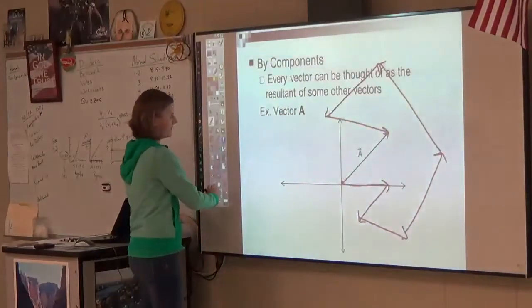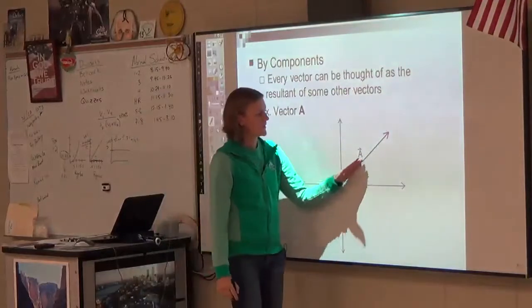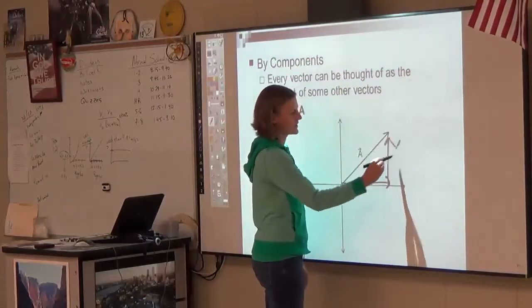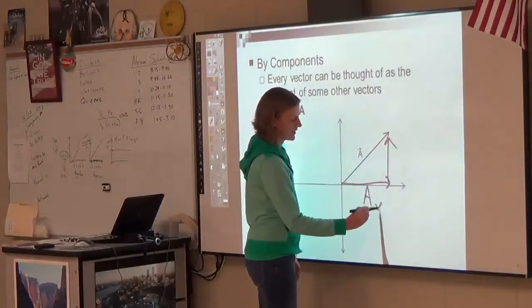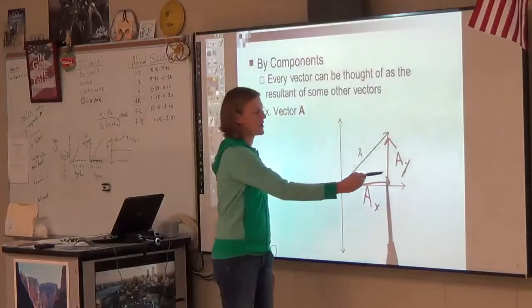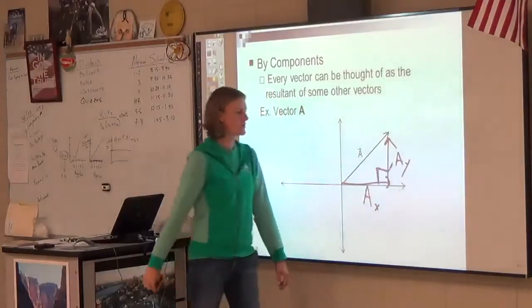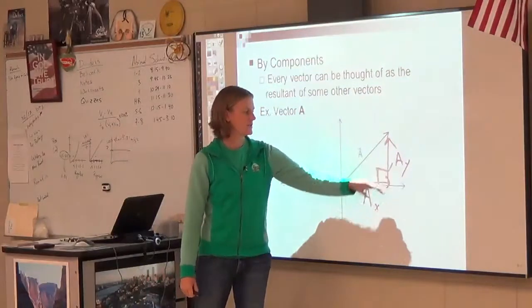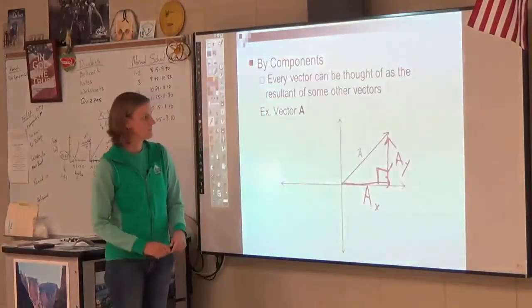Now, of course, there'd be no point in doing that, but we can think of each vector as a sum of its components, which would be perpendicular to the x and y axis, because we know how to do math with right triangles. So it's really helpful to have components that are parallel to each of the axes.